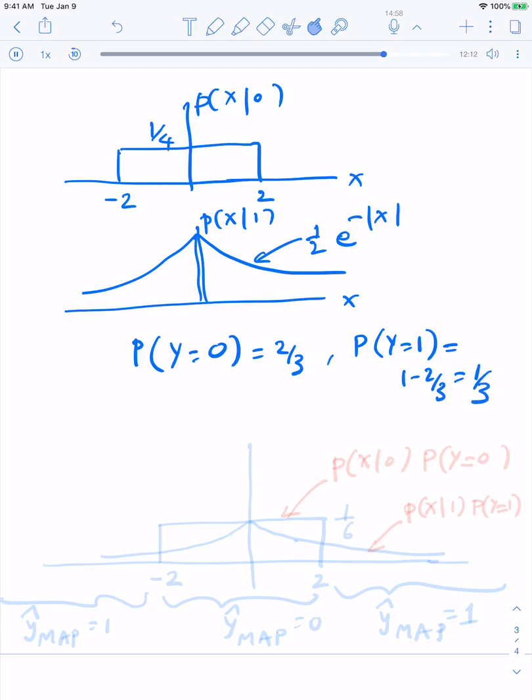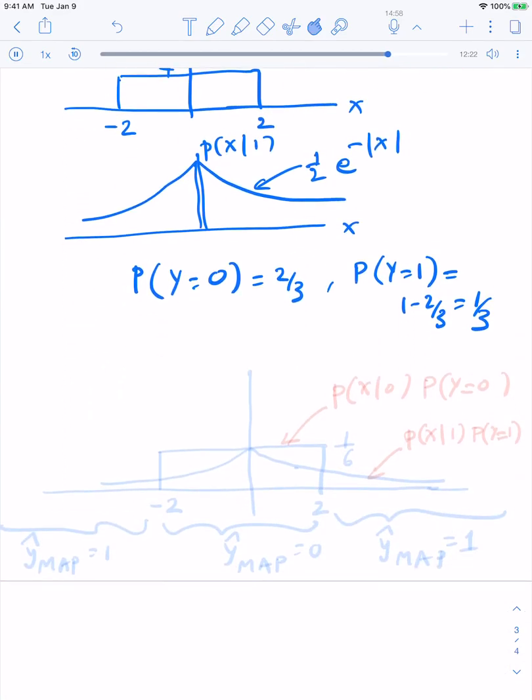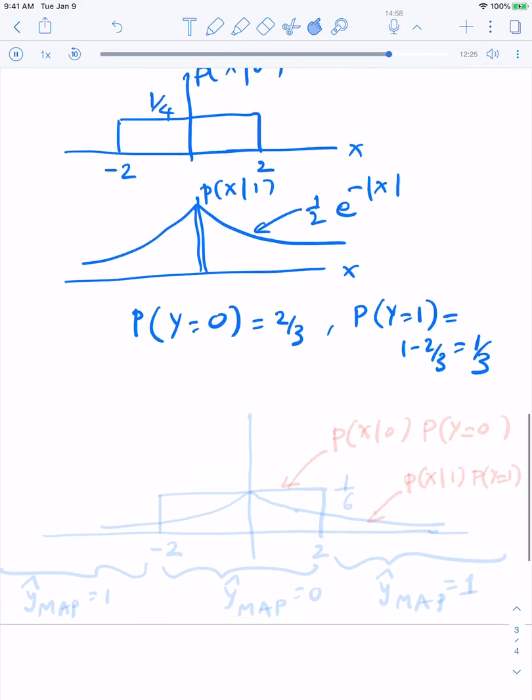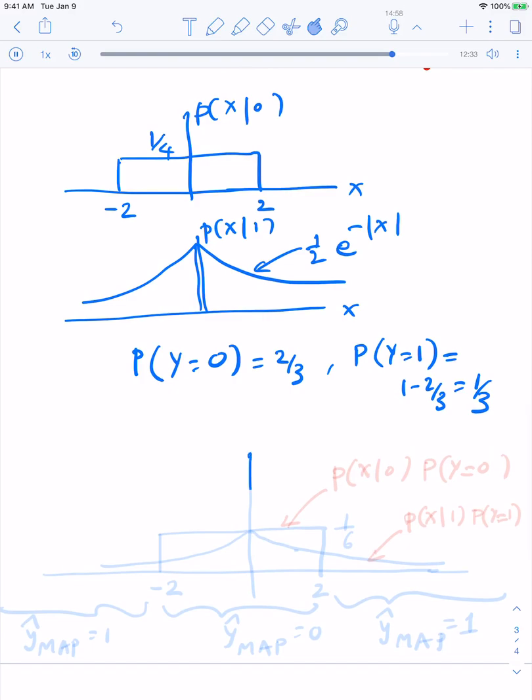So now, in this case, we'll compare based on the product, where P of x given k times P of y equals k is what we are comparing across these values of k. So basically, let me try to draw what that looks like. I'm basically going to multiply. I'll do it on just one figure. So P of x given 0 times P of y equals 0 will be 1/4 times 2/3, which is 1/6.